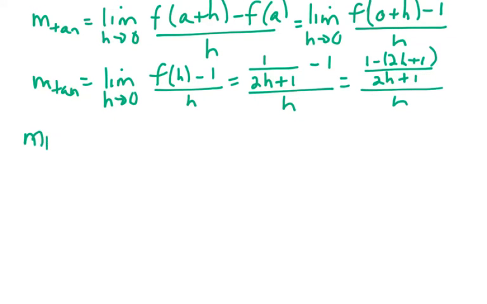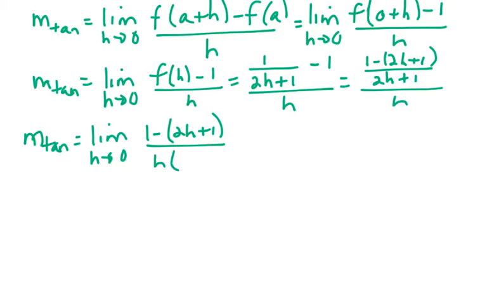And continuing with the algebra here, I'm going to clean this up a little bit. This is the limit as h approaches 0, and I'm left with up top 1 minus 2h plus 1, and on the bottom h times 2h plus 1.